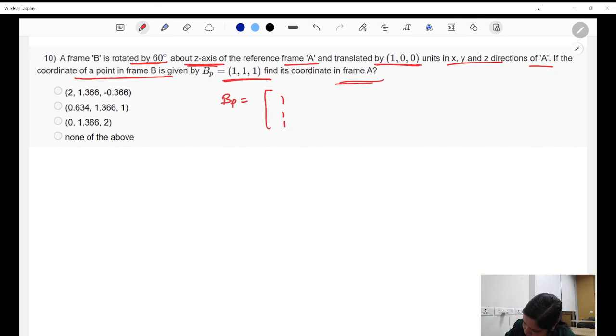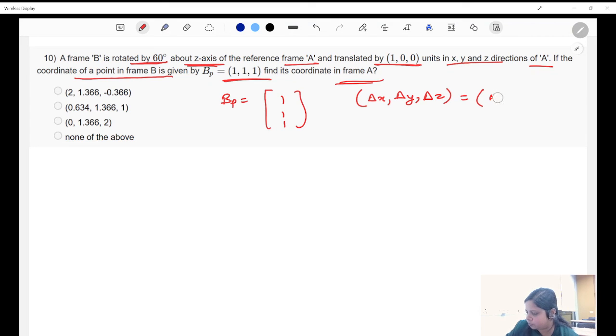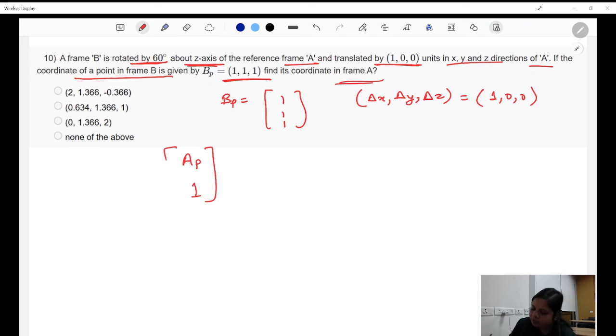BP is 1, 1, 1, right? Delta X, delta Y, delta Z are, sorry, 1 comma 0 comma 0. Now we have to find AP. You have already seen that we have 1 always coming up just to maintain the square nature of the matrix, and to include the translation, make the matrix invertible, just to make the thing solvable.